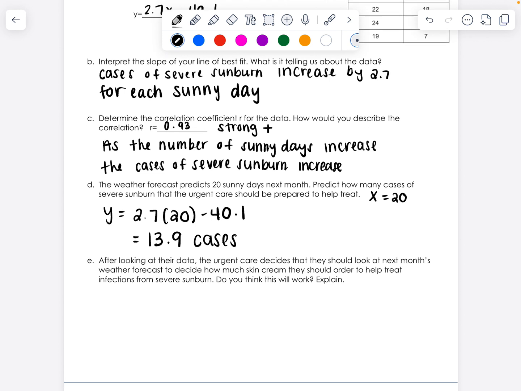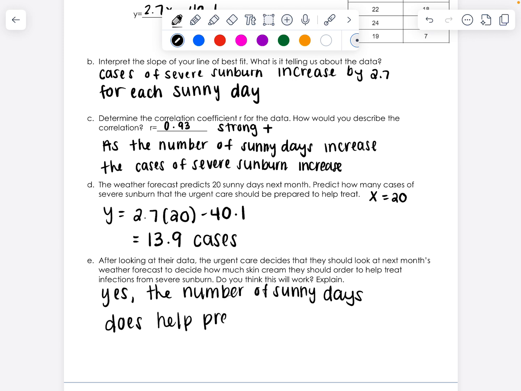All right, based on this, I would say yes. The number of sunny days does help predict the number of people with sunburns.